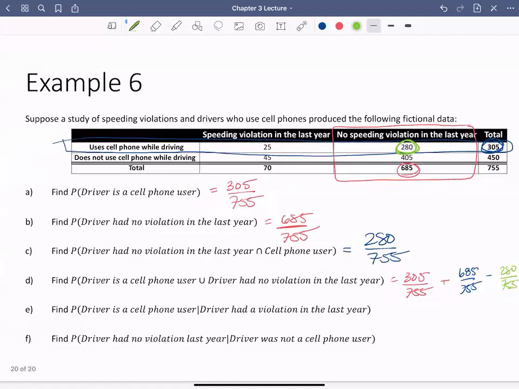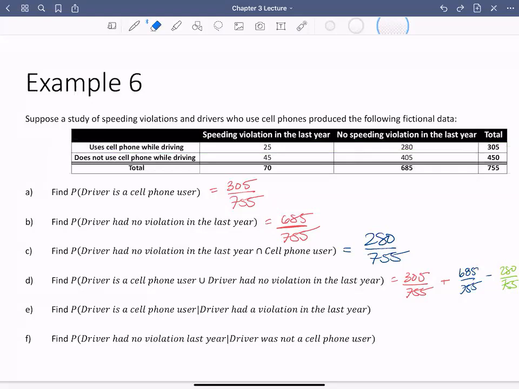All right, letter E, it says find the probability a driver is a cell phone user given the driver had a violation in the last year. So now I'm looking at reducing my population size. So first off, the driver is a cell phone user, so I'm in this first row here. But it says given. Now when it says given, I'm only looking at one specific thing. It says given the driver had a violation last year, so I can only look at this column.